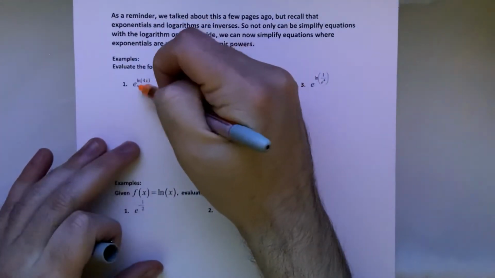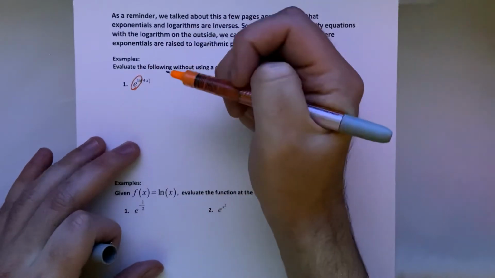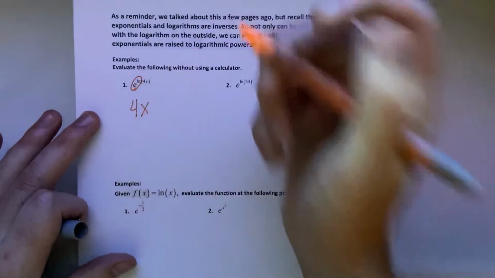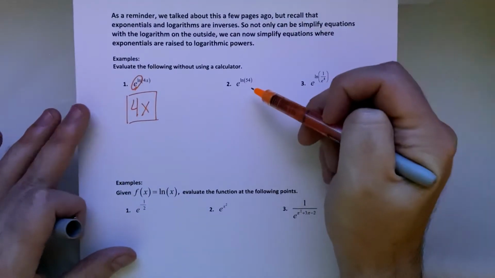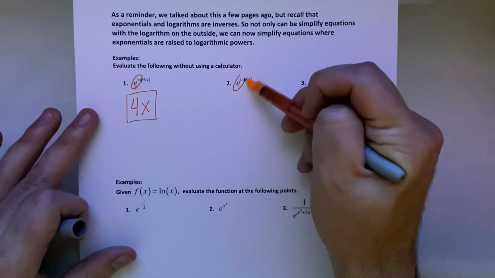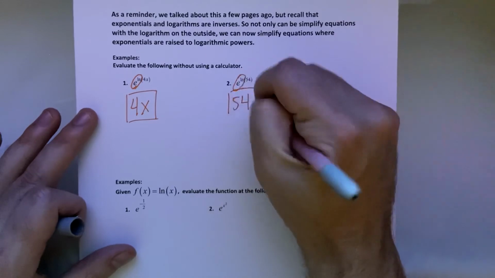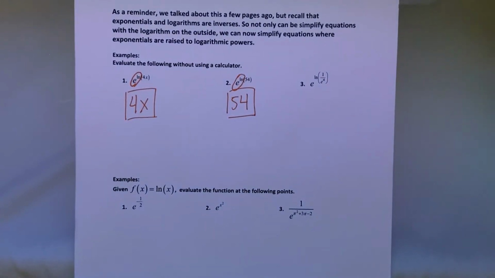So when we have something like e to the ln of 4x, this e and the ln are inverses and cancel each other out, so the only thing we're left with is 4x. E to the ln of 54, again, e and ln cancel each other out, so we're just left with 54.